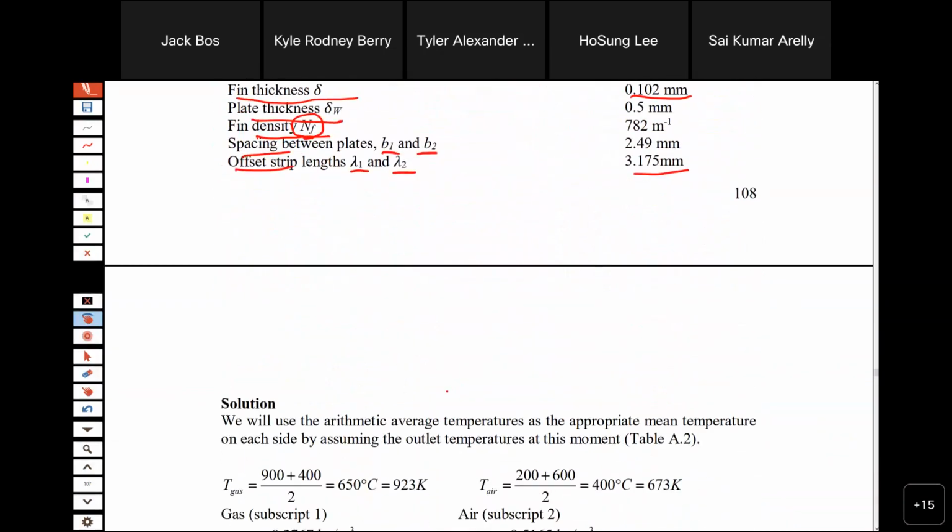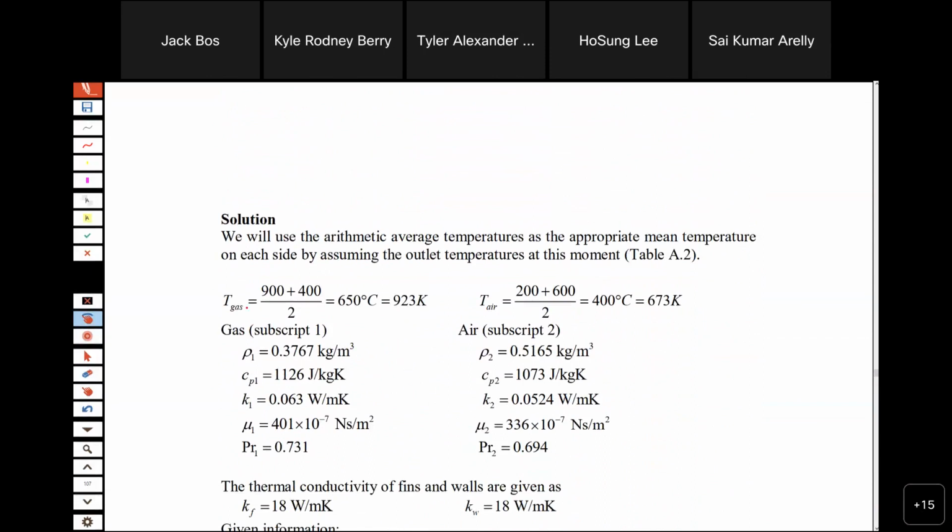so that now gas is stream 1, hot. Inlet is 400, outlet we don't know. And then air inlet is 200, outlet we don't know. We don't know, but we have to assume 400 and 600 and then calculate.